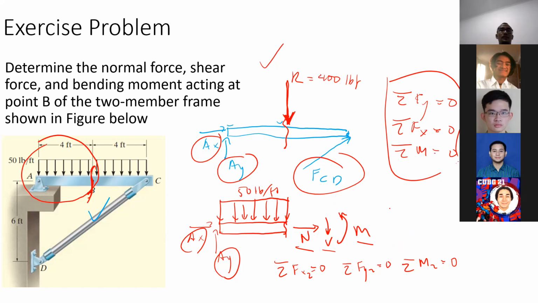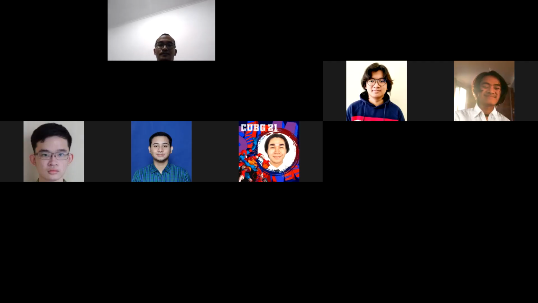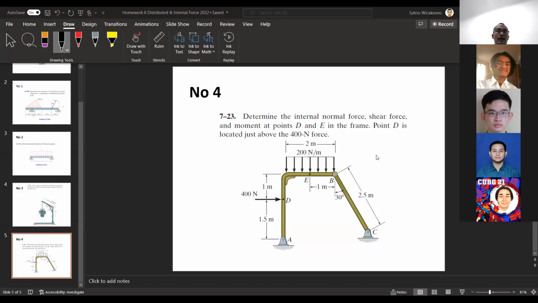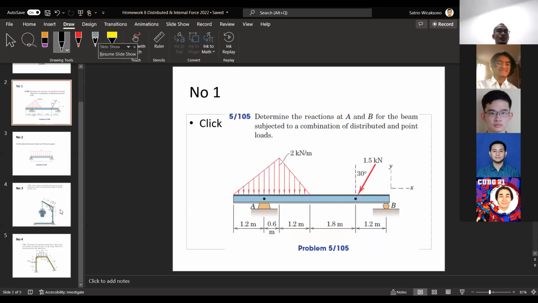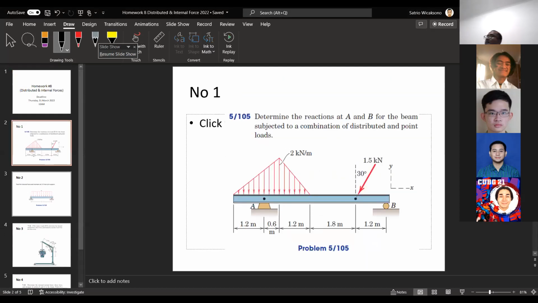So next week, I will start the class with the discussion on the homework, to ensure that you understand how to solve our homework. And then I will continue with the discussion on the internal force and internal moment diagram.